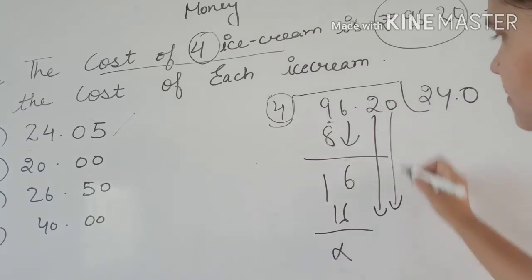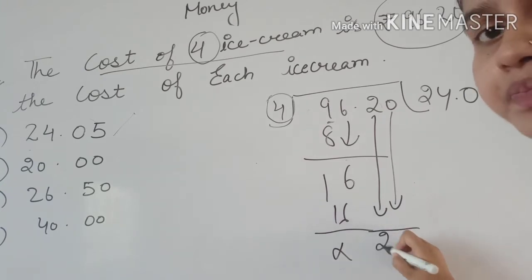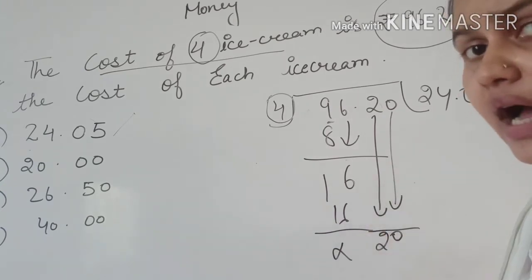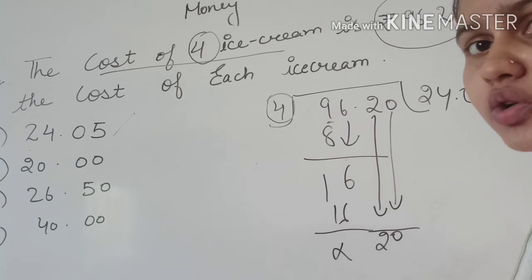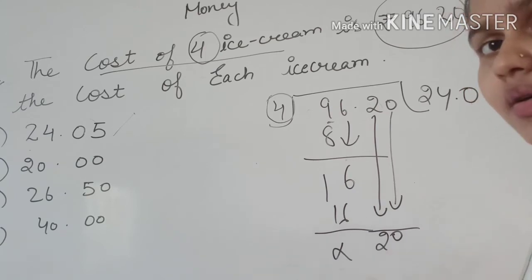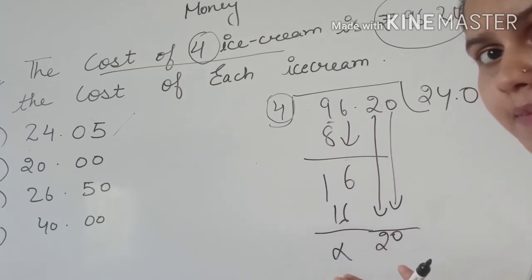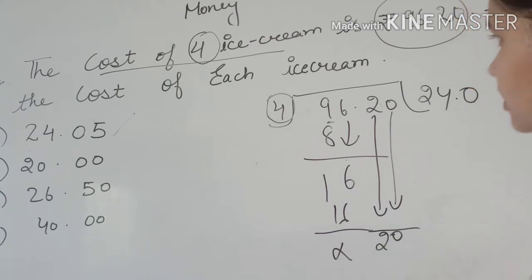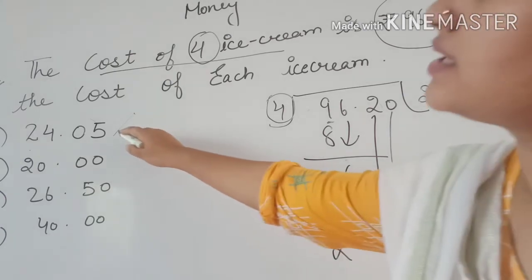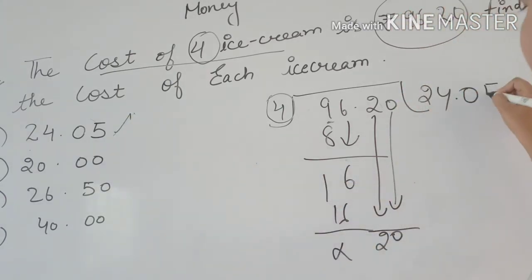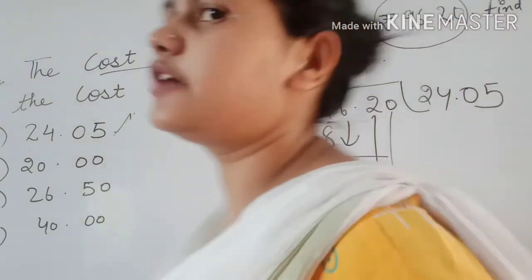And again, here is 20 now. On the table of 4, 4 fours are 16, 4 fives are 20, right? So which answer is right for us? The first answer is right for us, students.